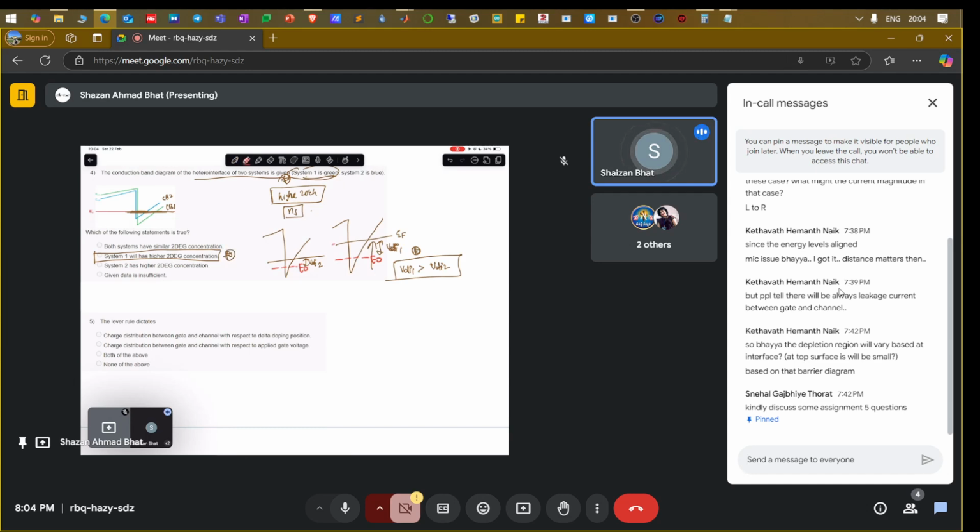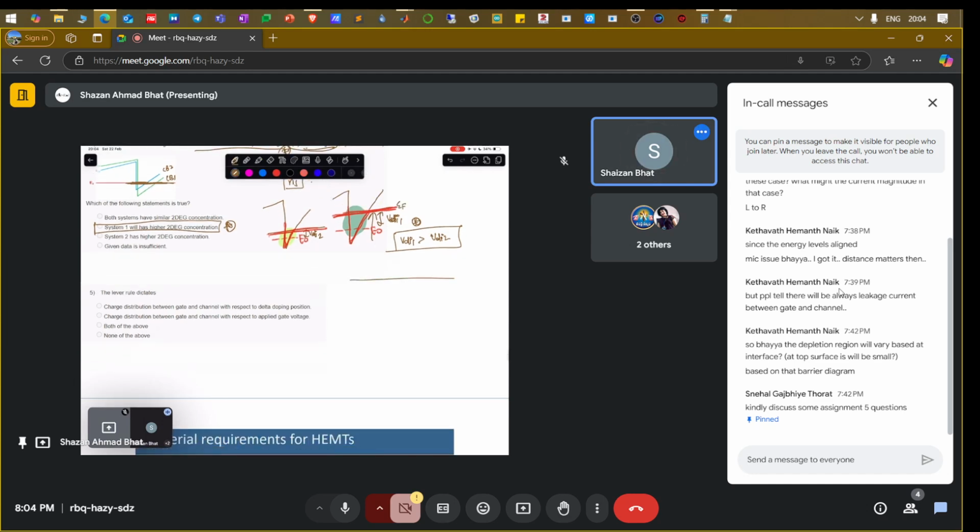If the Fermi level penetrates more above the conduction band in this region, then naturally this region will have a huge density of electrons compared to that of the other region. Just like if you have a conduction band with a Fermi level here, and consider another scenario with a Fermi level here, obviously the electron density in this one is going to be higher than in that one. So that is a similar phenomenon.